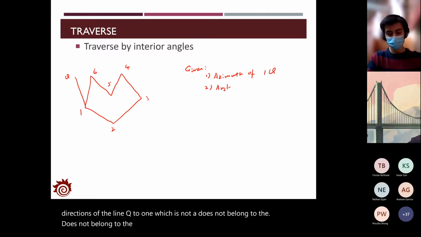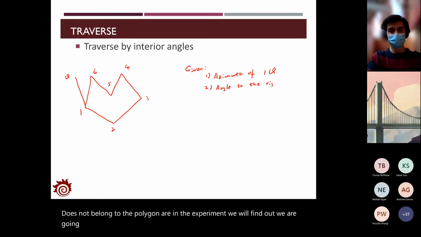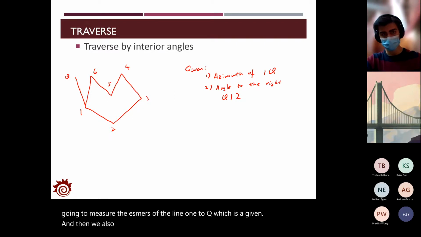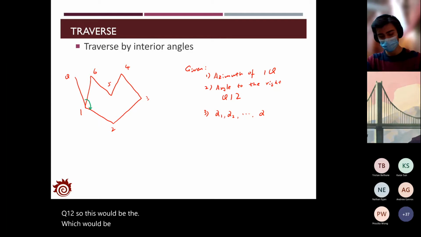In the experiment, we're going to measure the azimuth of the line 1 to Q, which is given, and then we also measure the angle of Q12. So this would be this angle.